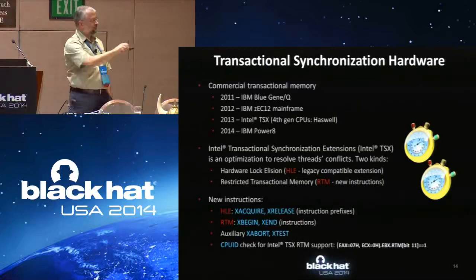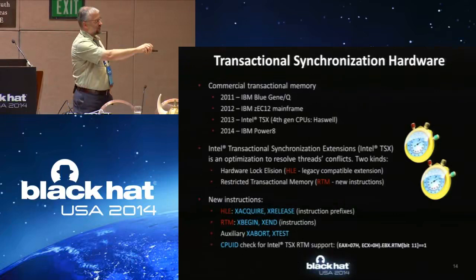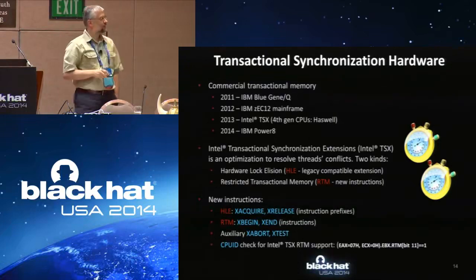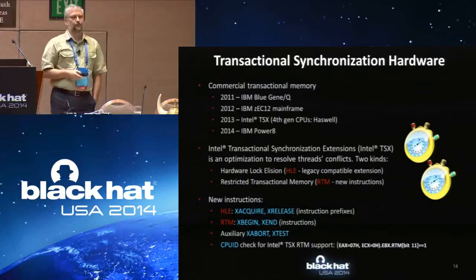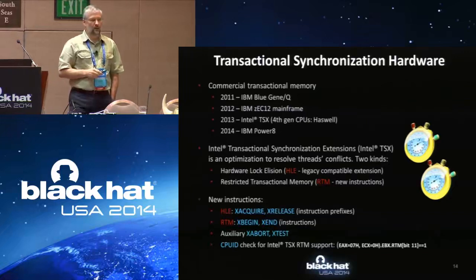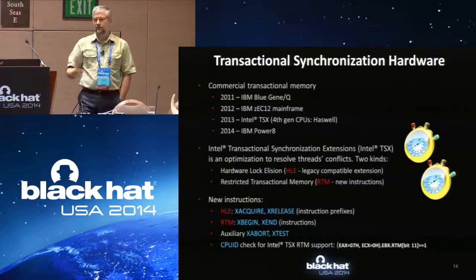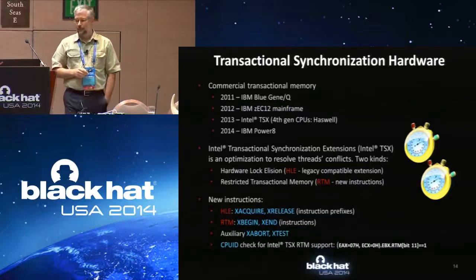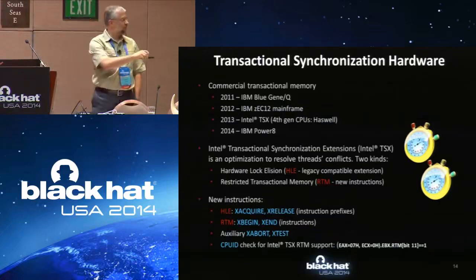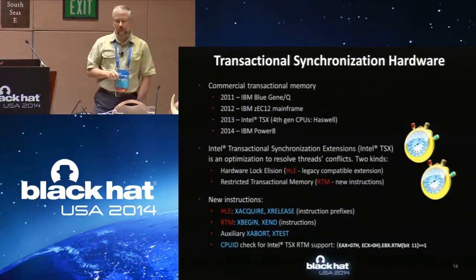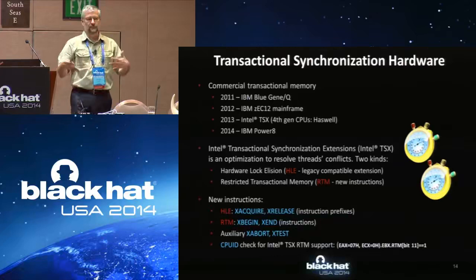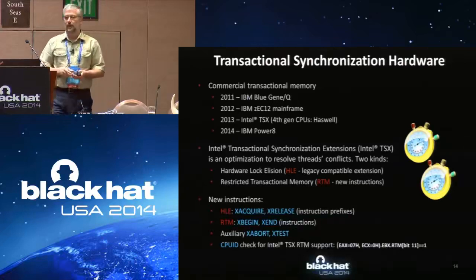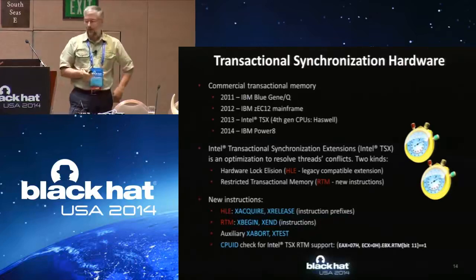And the CPUID check is written in the bottom line on this slide. By interrogating the CPU capability, you can learn whether it supports restricted transactional memory or not. And there are a couple of auxiliary instructions, XTEST and XABORT, to facilitate the plumbing related to transactional memory.